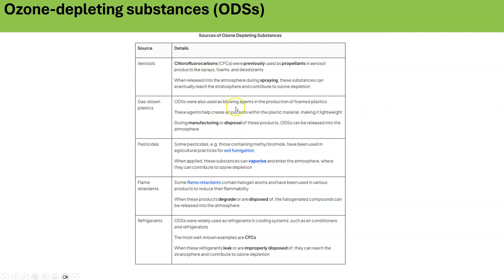There were also some chemicals used in gas-blown plastics. There are some pesticides that we've used, specifically ones that contain methyl bromide, and they have also been working as ODSs.